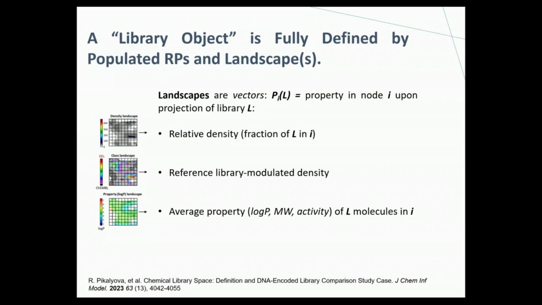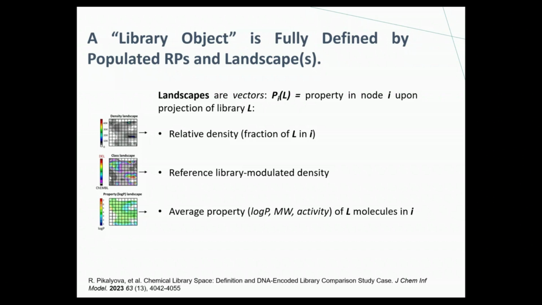For example, I want to give more weights to the nodes that are seen to be populated by a drug-like library, or by a library that is tuned for my receptor, or for some library I prefer. So I stop giving equal weights to nodes. I give higher weights to nodes that are reputedly populated by molecules I kind of care for. Or I can weight these nodes by property.